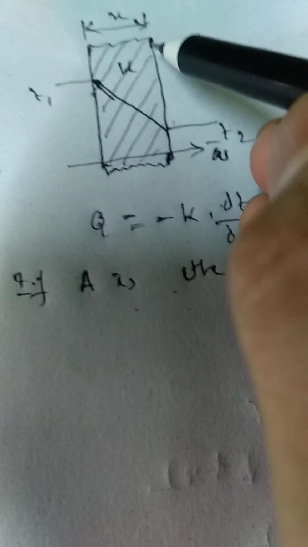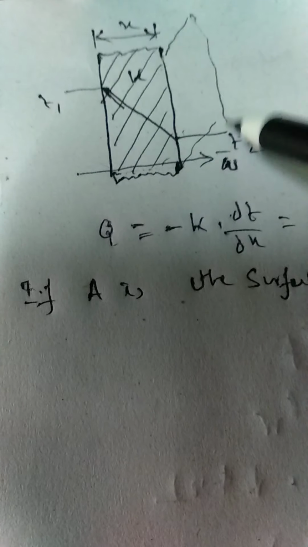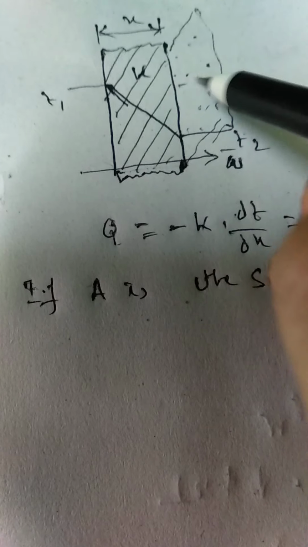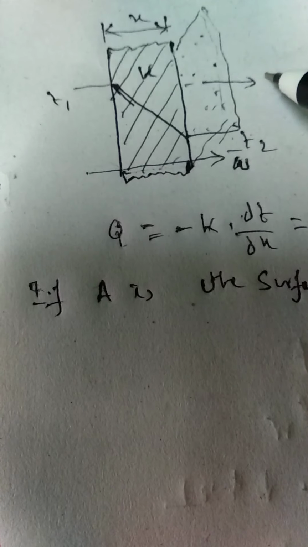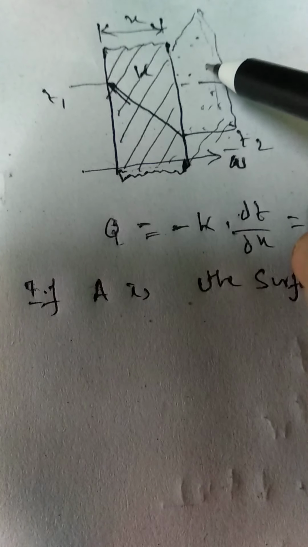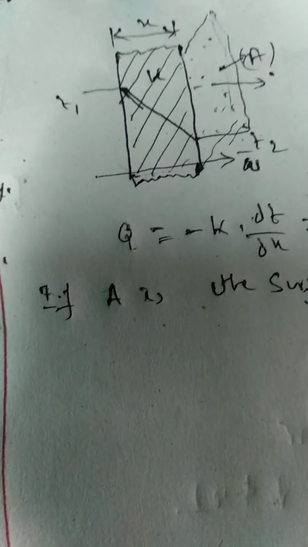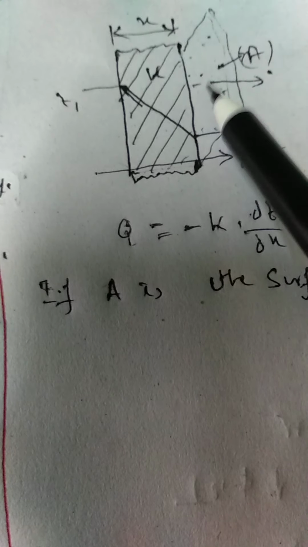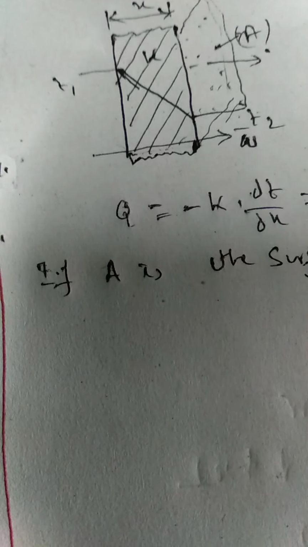If you consider this as three-dimensional, the heat is flowing in this direction, so this area is the cross-sectional area A. This area is normal, perpendicular to the direction of the heat flow.